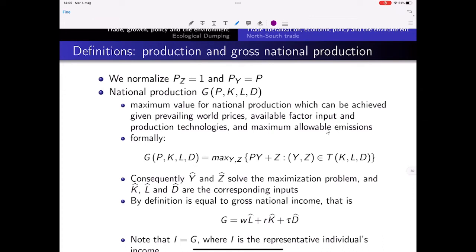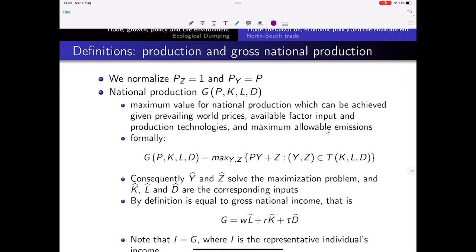Now let's start with some definitions. Basically, we have here a similar model to the previous one, just much more general.